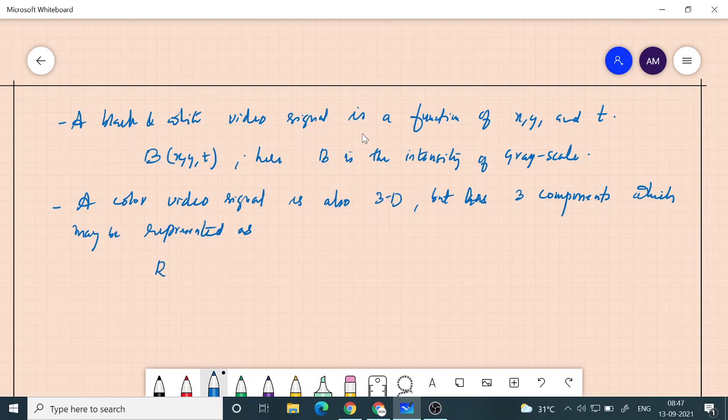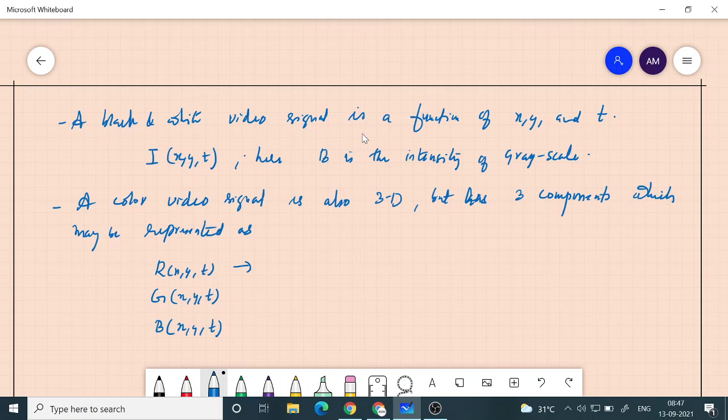So you have R as a function of X, Y and T, green intensity as a function of X, Y and T, and blue color intensity as a function of X, Y and T. I should change this to I itself, intensity.